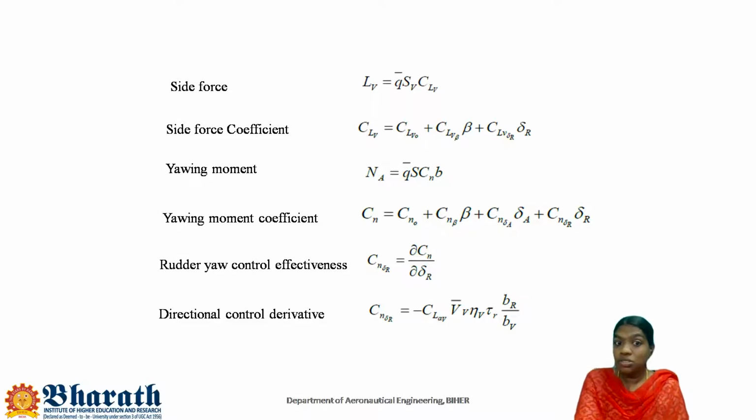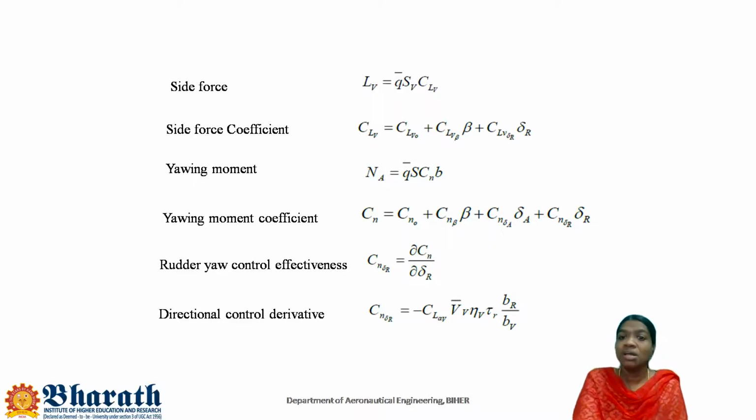It is a function of the rudder chord to vertical tail chord ratio, c_R by c_V, the ratio of the rudder chord to the chord of the vertical tail. Remember it. And b_R is the span of the rudder, and b_V is the span of the vertical tail. The directional control derivative depends on all these parameters.